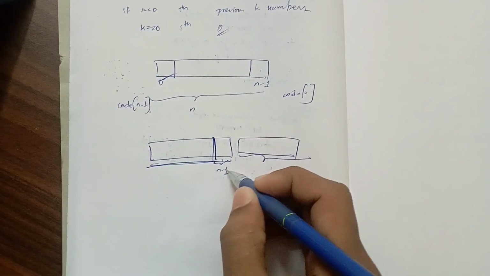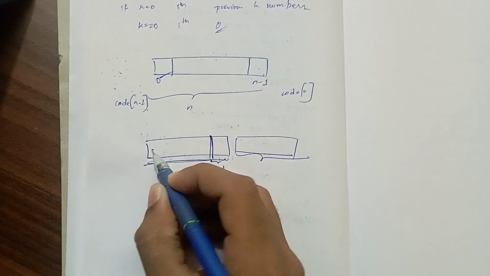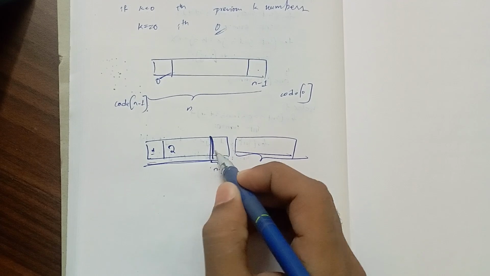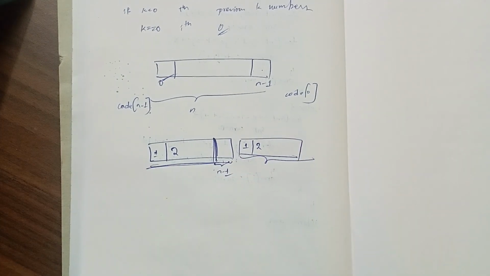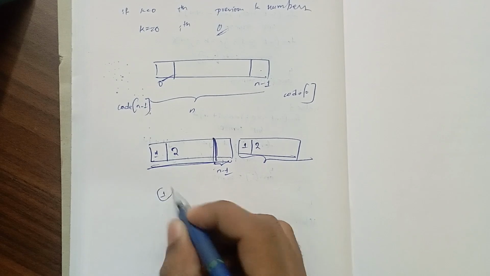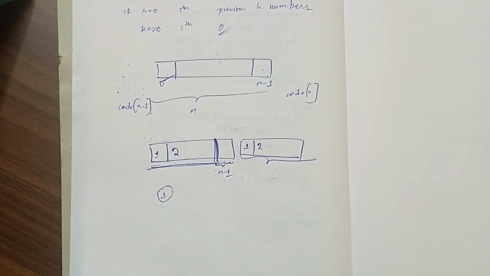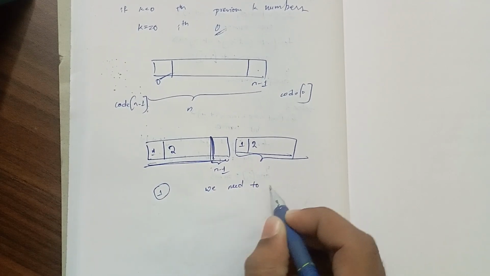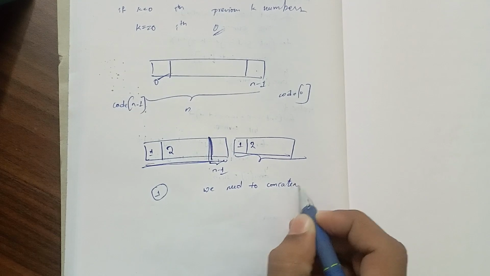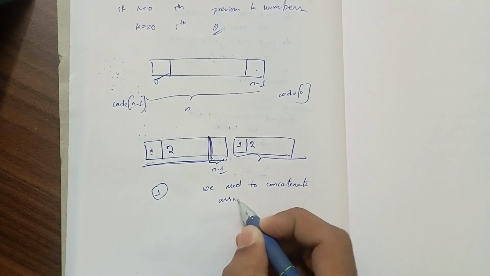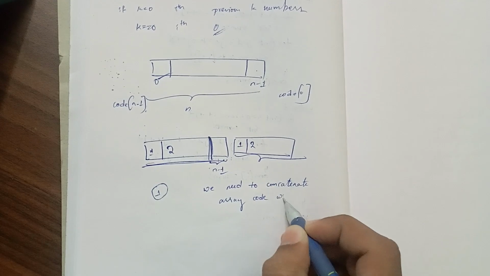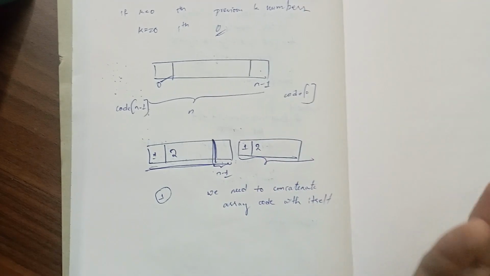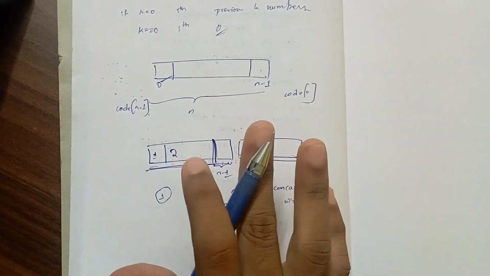That means if you want the next two elements, they will be here. Let us think it is 1 2. That means for this element we need 1 and 2 here. So the first intuition we need to understand is that we need to concatenate the array code with itself. This will make it easy to find the next k elements and previous k elements.